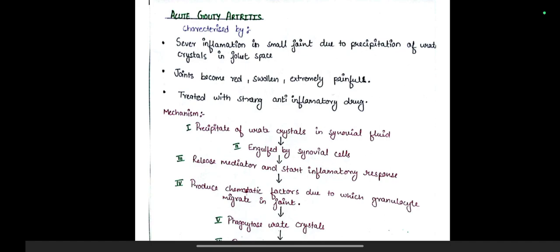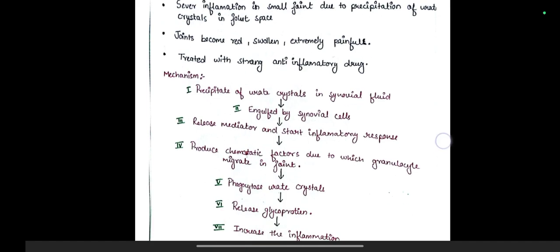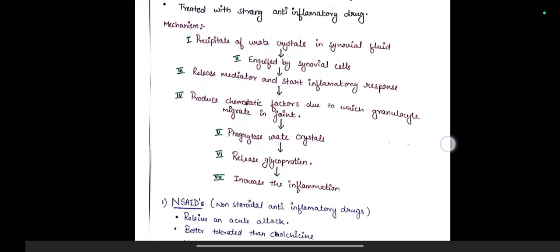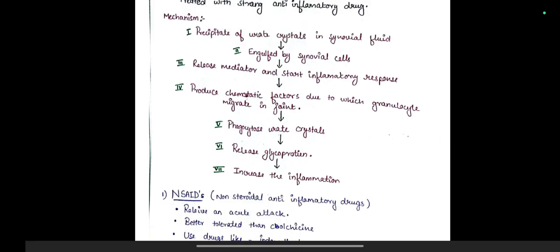The mechanism is that precipitated urate crystals in synovial fluid are engulfed by synovial cells, which release mediators and start an inflammatory response. Then chemotactic factors are produced, due to which granulocytes migrate into the joint, phagocytose urate crystals, release glycoprotein and finally increase the inflammation.